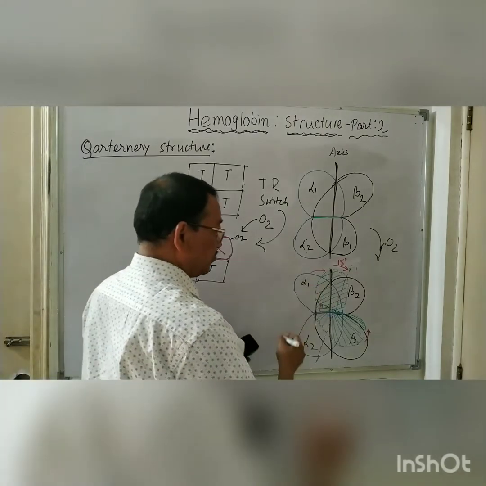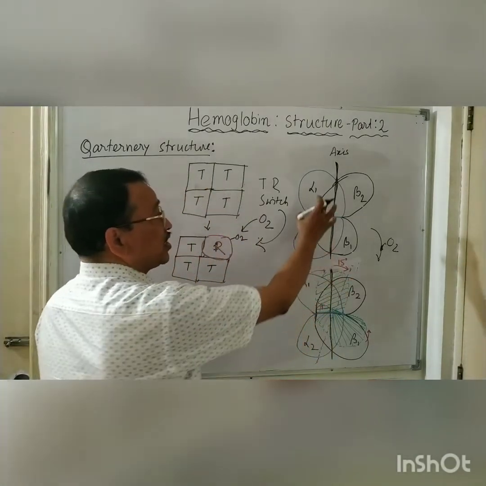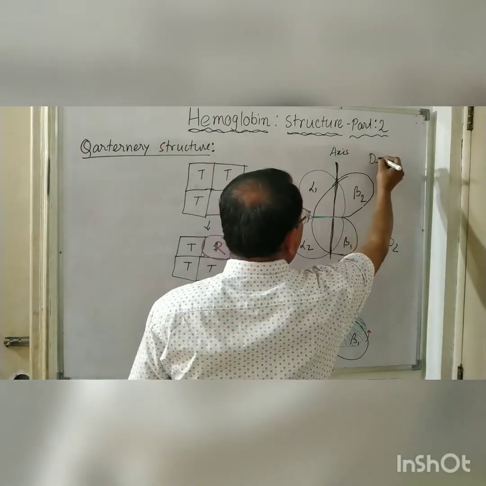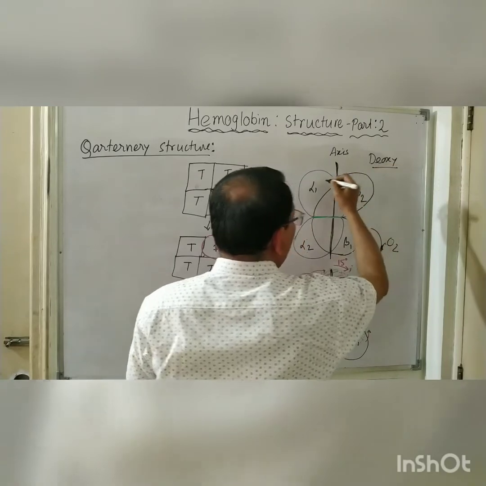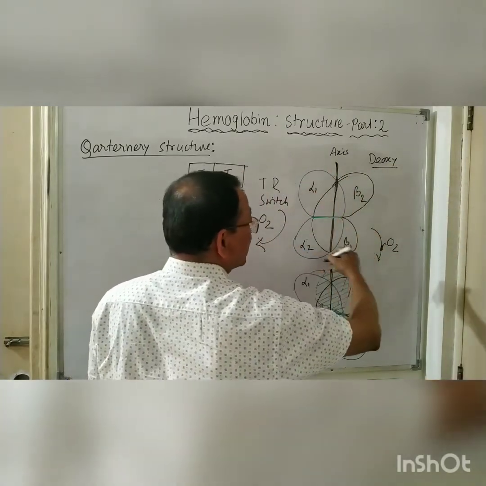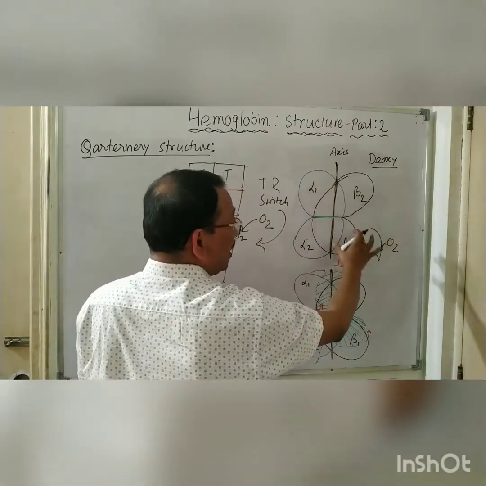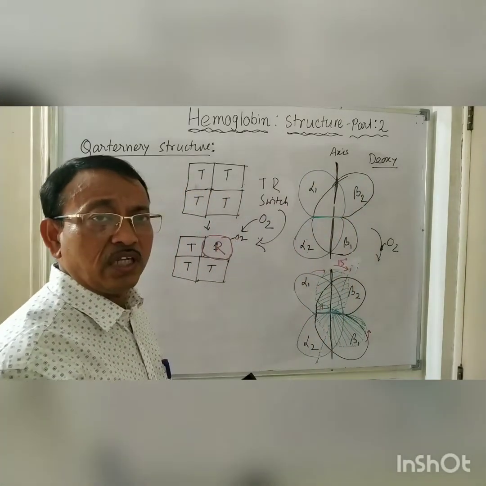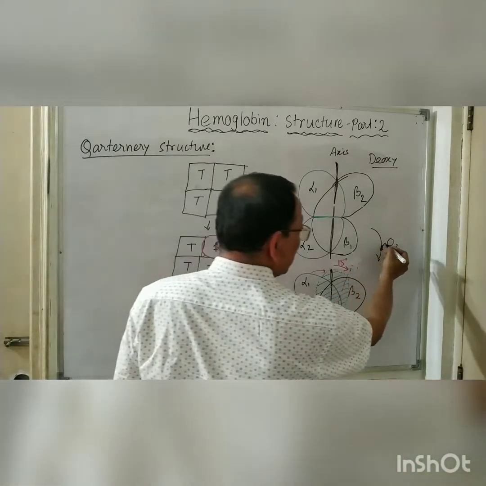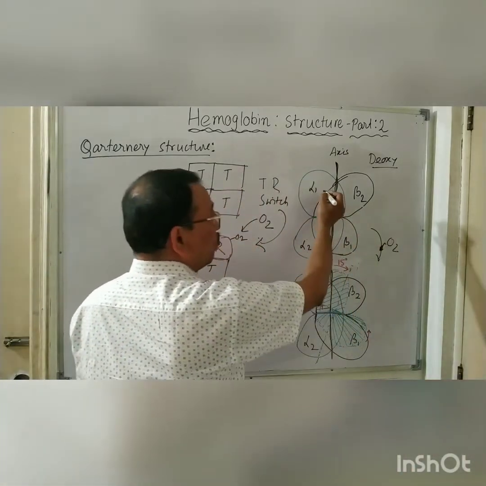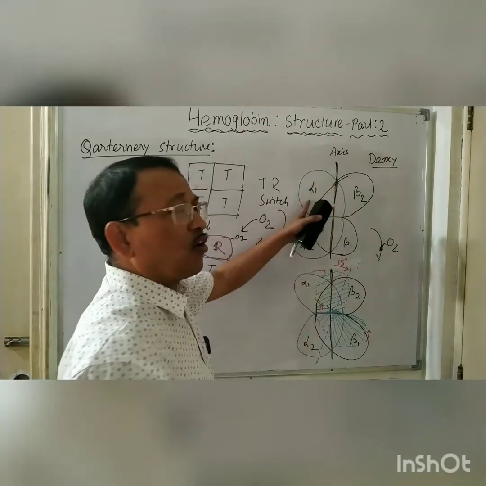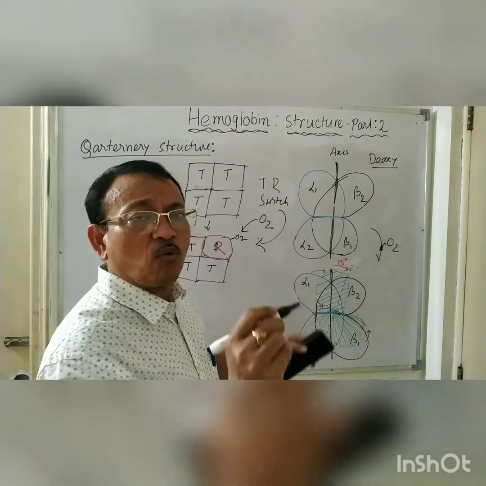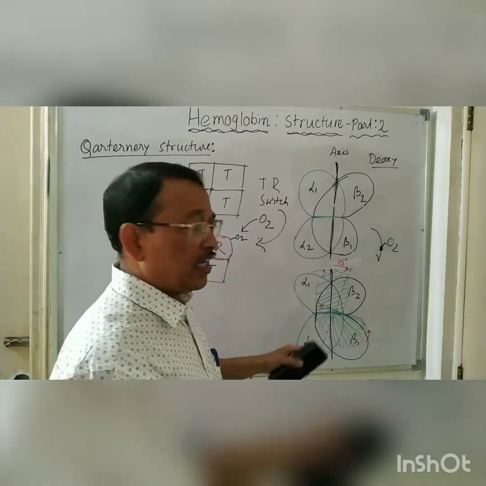So here you see, as I told, this is the deoxygenated state. The hemoglobin molecule's configuration, the quaternary structure, is like this. Here alpha 1 binds with beta 1, and alpha 2 binds with beta 2. Now once oxygen combines with one molecule, suppose the ferrous ion of one globin chain, alpha 1, then what is happening?